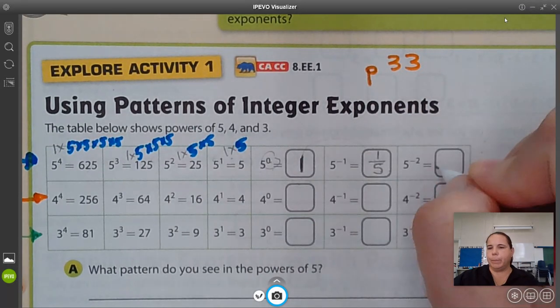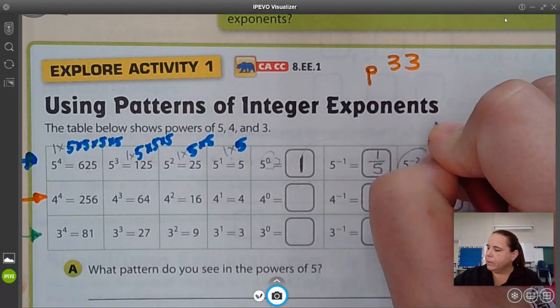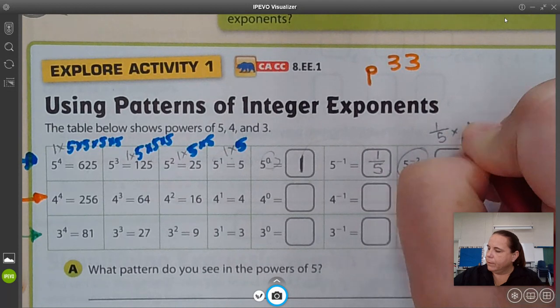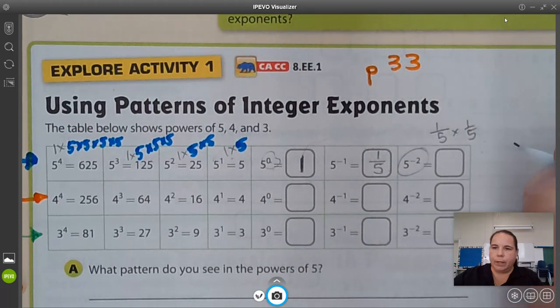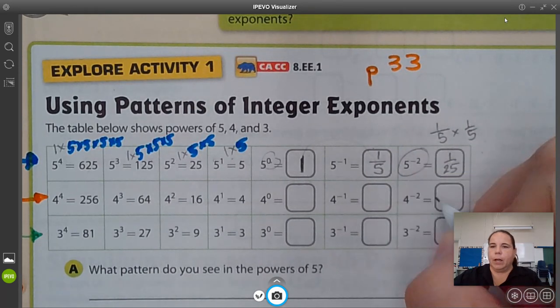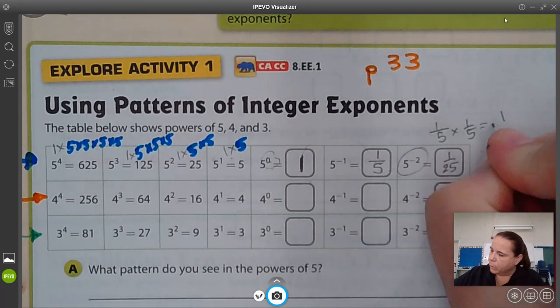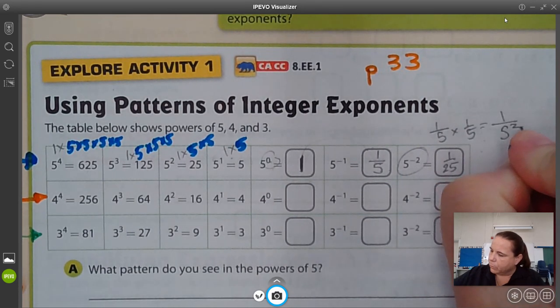You want to continue that pattern. And so 5 to the negative 2 is divide by 5, divide by 5, and so this is going to be 1/25. I would like you to think also that we could have written this as 1/5 squared.